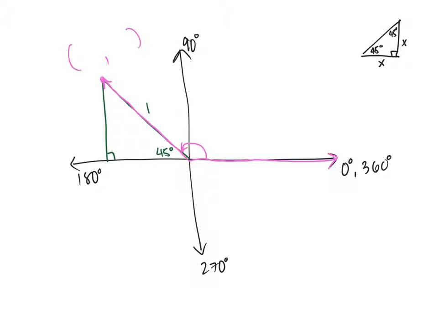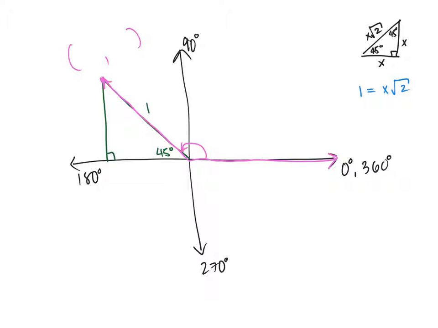And the hypotenuse is just x times the square root of 2. So if I know that the hypotenuse is 1, then I can solve for the x value. I take my hypotenuse and set that equal to x square root of 2, so that I can solve for x.